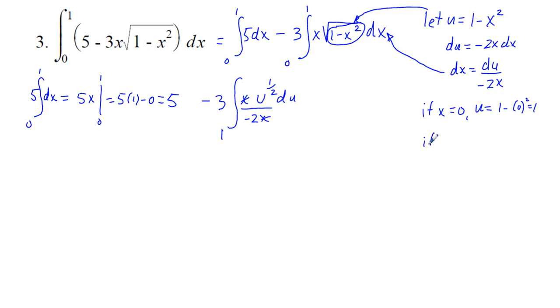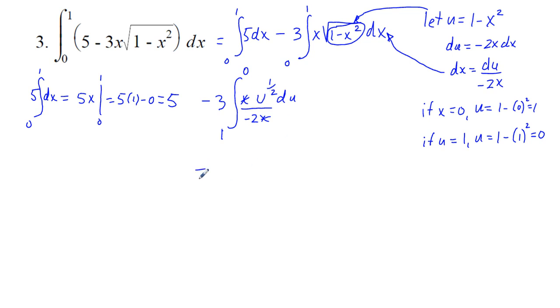Next, if x is equal to 1, u is equal to 1 minus 1 squared, which is equal to 0. So now we've replaced up here the b.